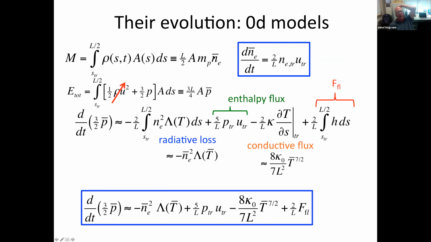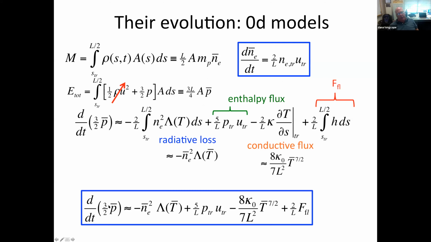So instead of talking about total mass, I'm going to talk about total density. And instead of talking about total energy, I'm going to talk about pressure, or pressure is basically density times temperature. So I might also talk about temperature. But the important thing is this equation and the mass conservation equation give us the evolution of the density in a flare and the evolution of the pressure in a flare.